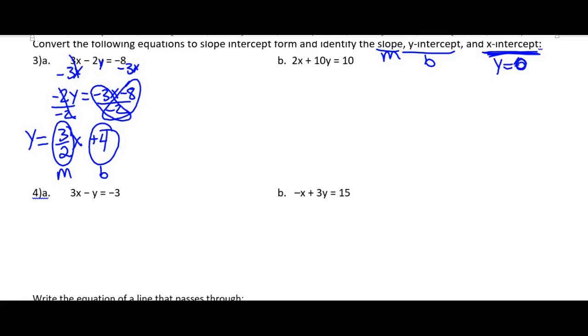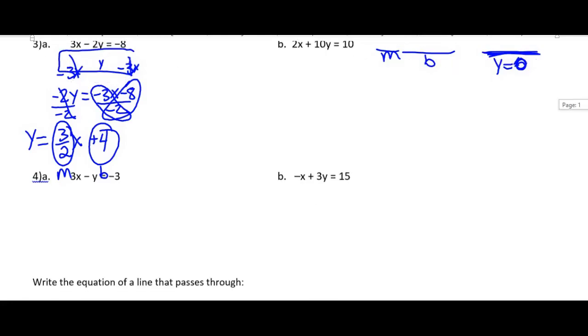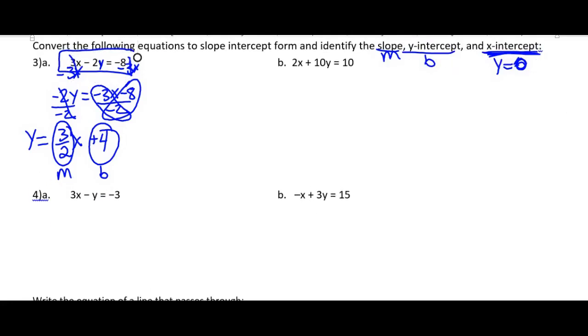Now for our x-intercept, we need to make the y value equal 0. Not 6, that's a 0. So I can take either equation. I can take the original equation here, or I can take my new equation here and solve for x after I make the y 0. This has fractions in it, so I'm not going to use that.